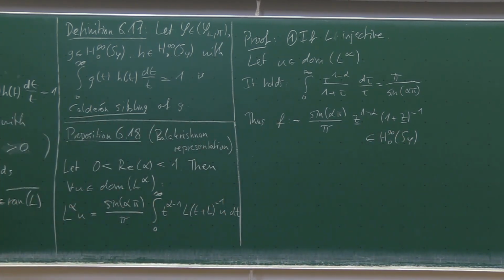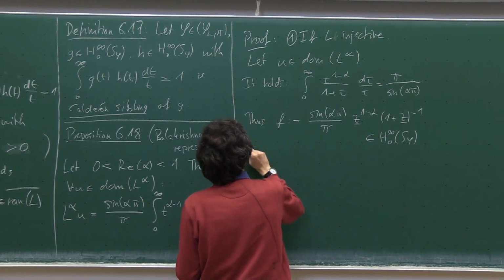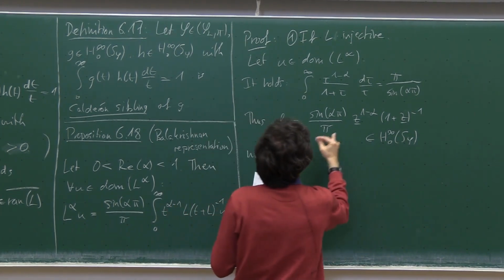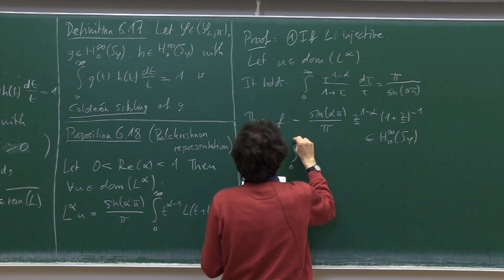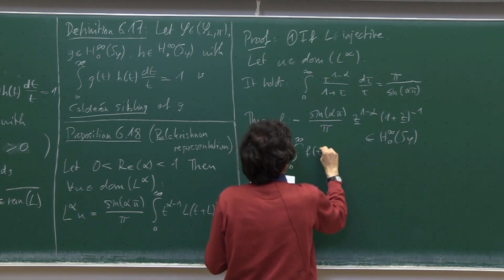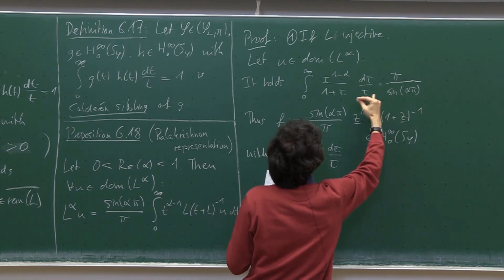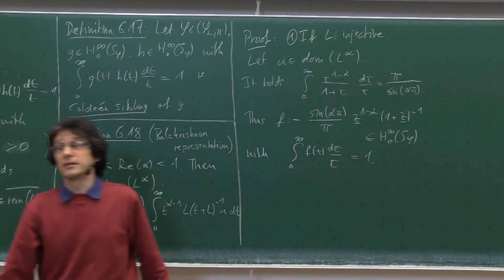So this is an H0 infinity function, and we can plug in L. We want to use the Calderon reproducing formula, which is why we have this prefactor. It tells us that the integral from 0 to infinity of f(tau) d tau over tau is exactly this integral, pi over sine times this constant, which is 1. That's why I have this prefactor.